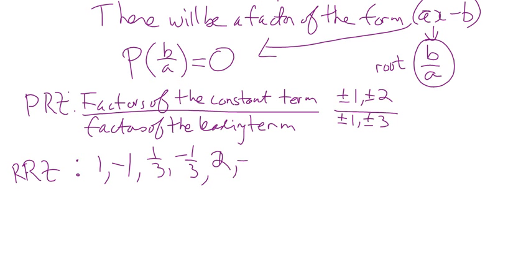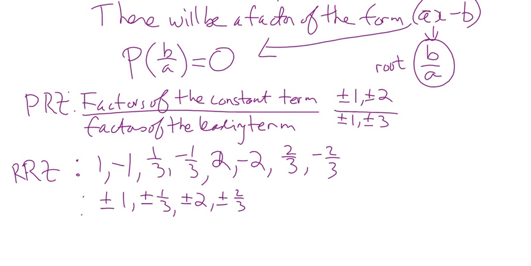So 2, negative 2, 2/3, negative 2/3. Right? I guess we could write this shorter by going plus or minus 1, plus or minus 1/3, plus or minus 2, plus or minus 2/3. Okay?